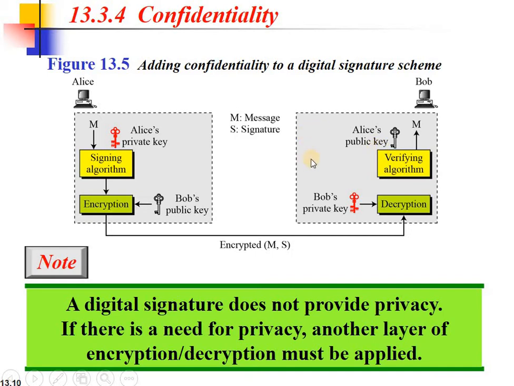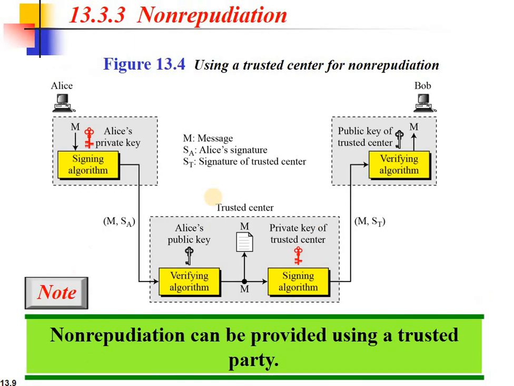So now you can see confidentiality, message authentication, message integrity, as well as non-repudiation are provided by the digital signature scheme. But for message confidentiality, you have to invoke one more encryption procedure using Bob's public key.